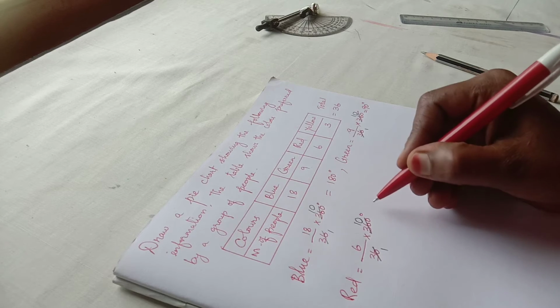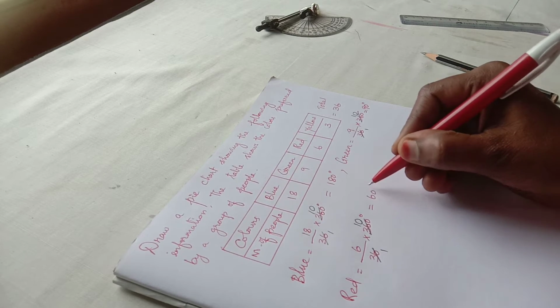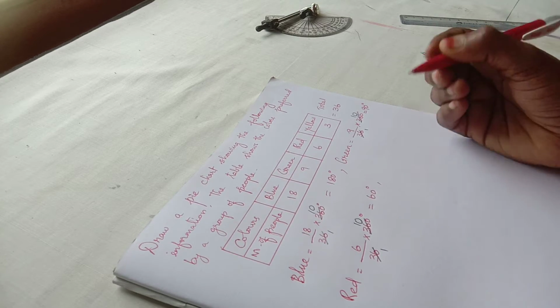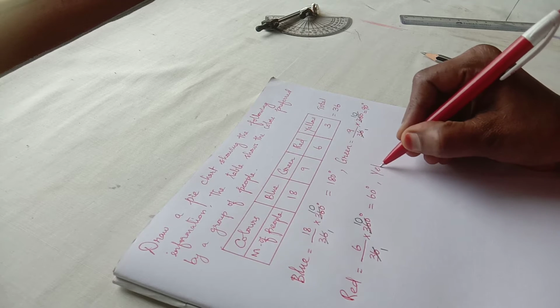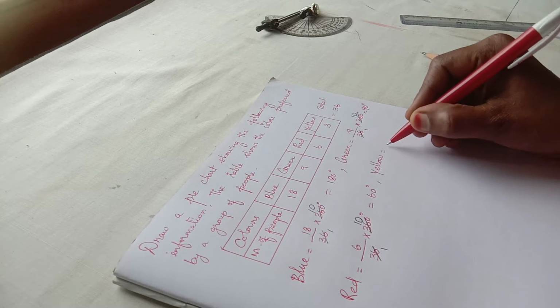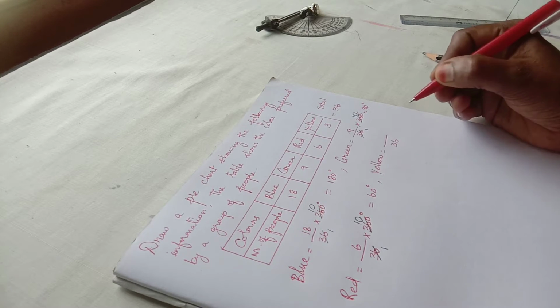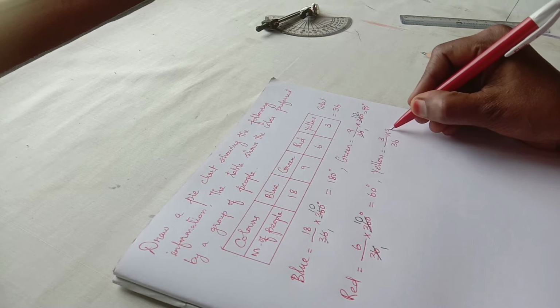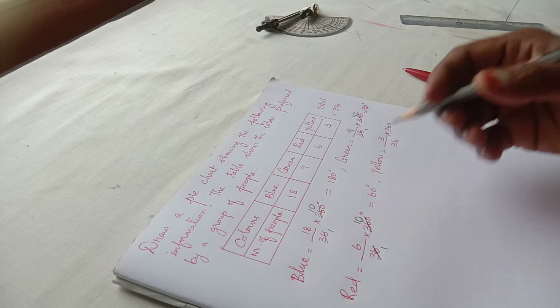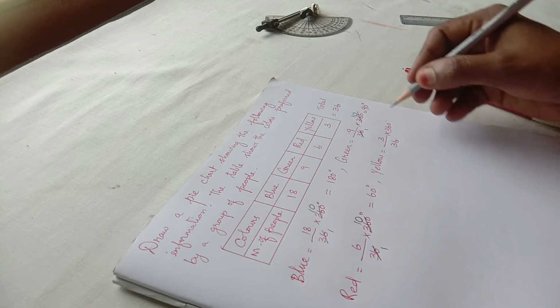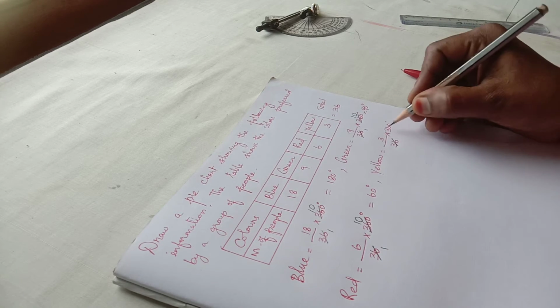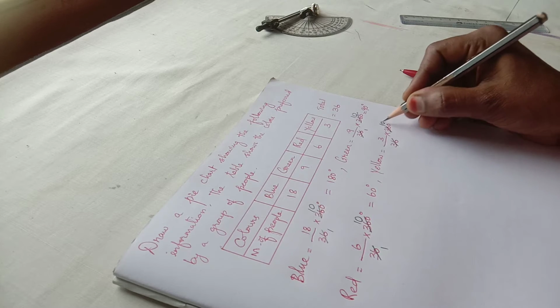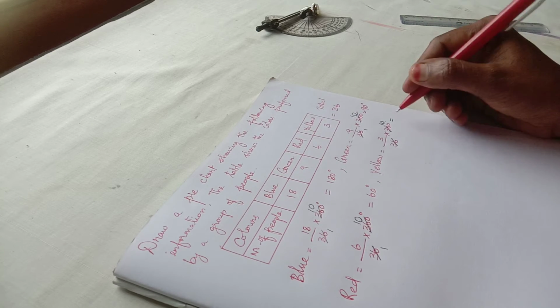So 6 into 10, 60 degrees. Now for yellow, as usual, the denominator will be the total number of people, and yellow 3. Then multiply it by 360. Already we have done that simplification. Directly it is 10. So 3 into 10, 30 degrees.